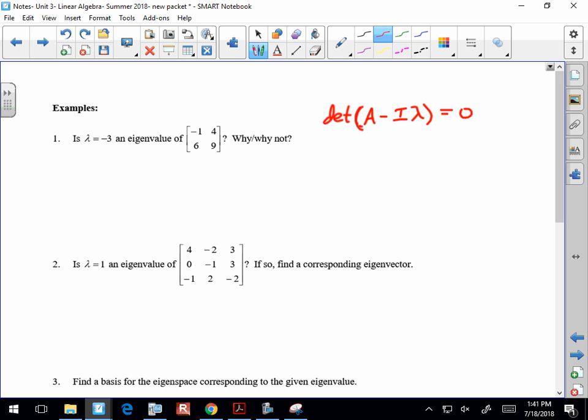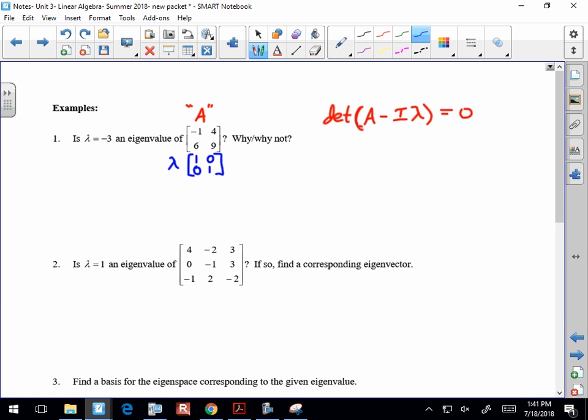All right. So I have my A. I need lambda I. Well, so I need lambda multiplied by a square matrix with the same dimensions as A. Has to be an identity matrix, so 1, 0, 0, 1.